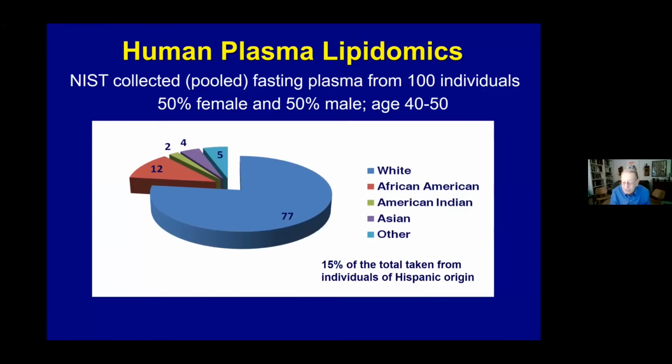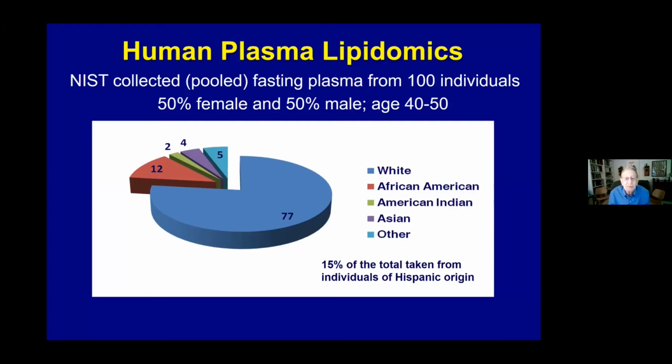Now, just to note for a minute that when lipid maps first took on the challenge of determining the lipid molecular species in the human plasma, it used a sample of human plasma, which was a very large pooled sample developed by the US National Institute of Standards.